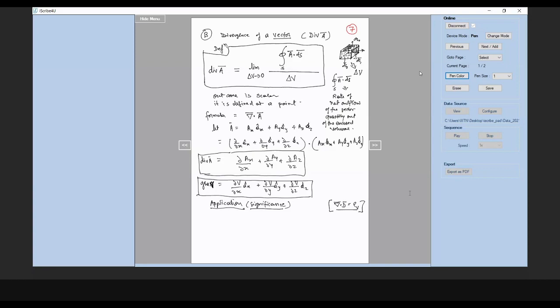So D is a vector with the rate of net outflow of a volume charge distribution, or charge distribution which is there inside an enclosed volume. So that is what Sushant has pointed out.